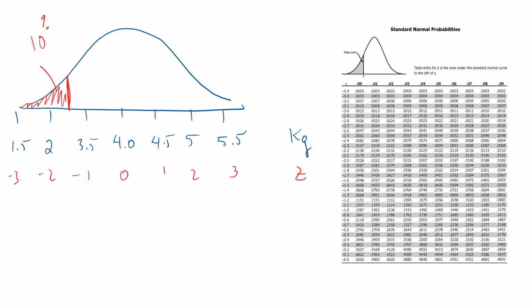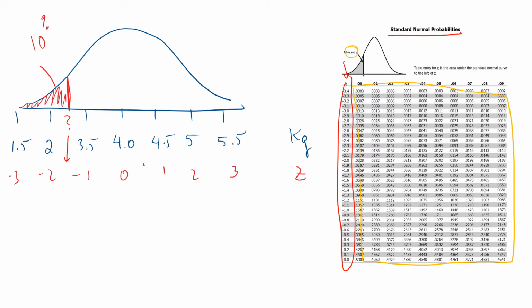So we're going to have to use the Z tables to find the z-score to begin with, because we don't know the pumpkin weight, but we also don't know the z-score. But we can use our standard normal probability tables to figure that out. Now remember, these are the z-scores, this column right here, and everything inside the table are the probabilities of something happening below the z-score, so to the left of the z-score.